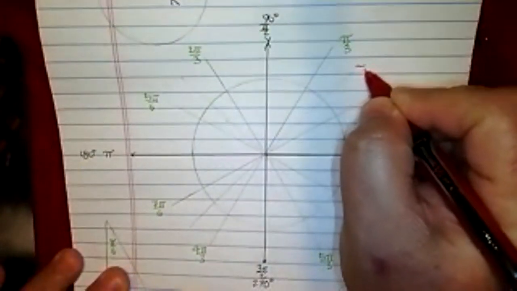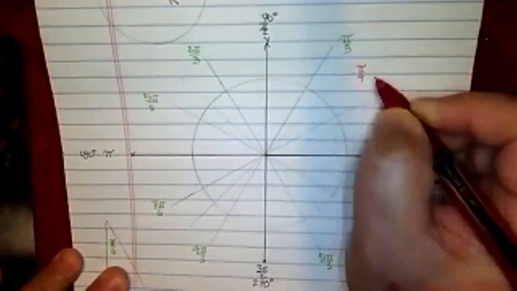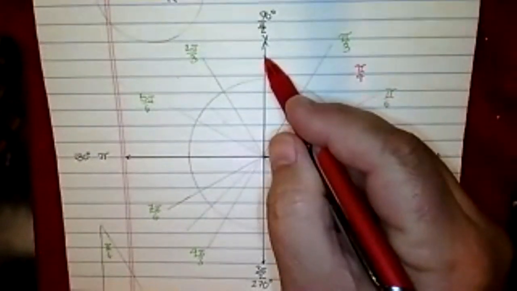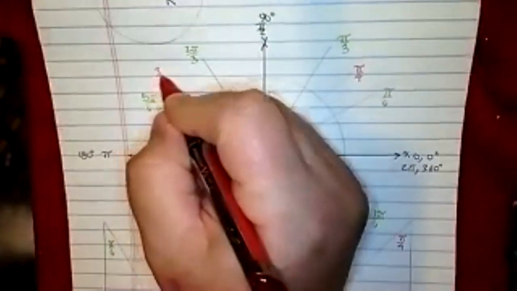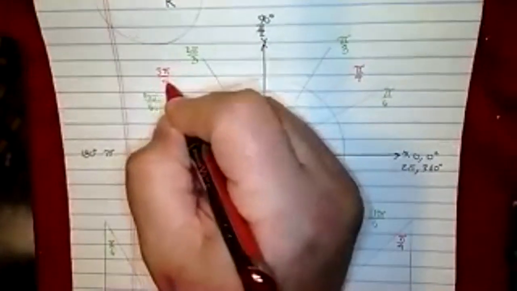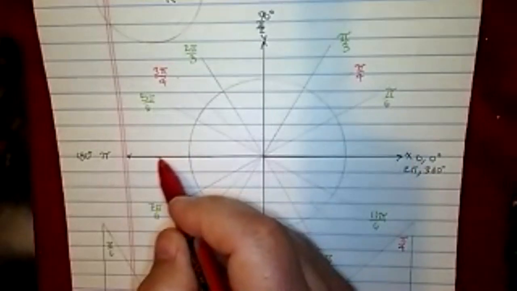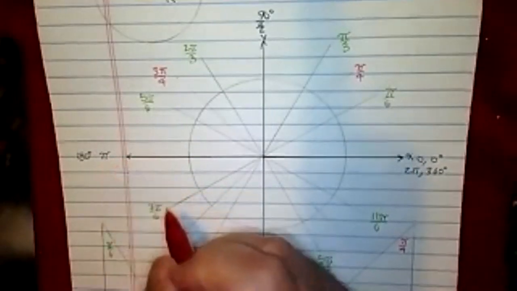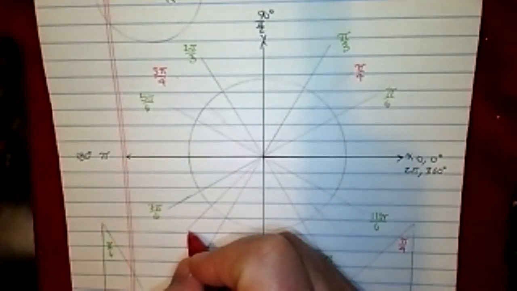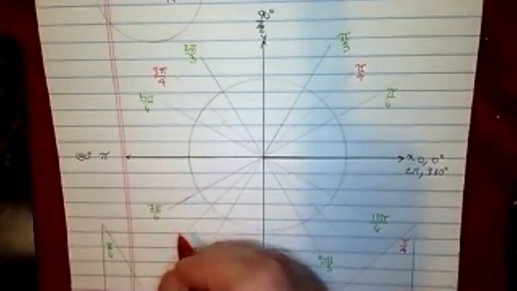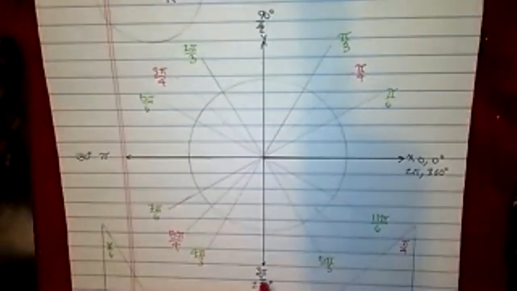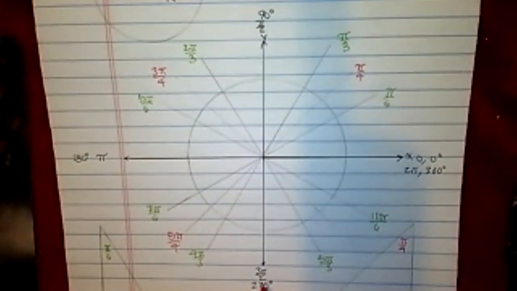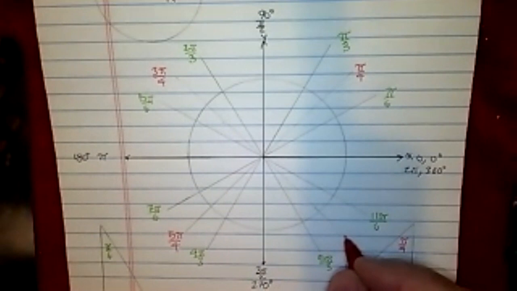So I'll write pi over 4, 2 pi over 4, which again is pi over 2, 3 pi over 4, 4 pi over 4, which again gives me pi, 5 pi over 4, which cannot be reduced, 6 pi over 4, which reduces to 3 pi over 2, and then finally 7 pi over 4.